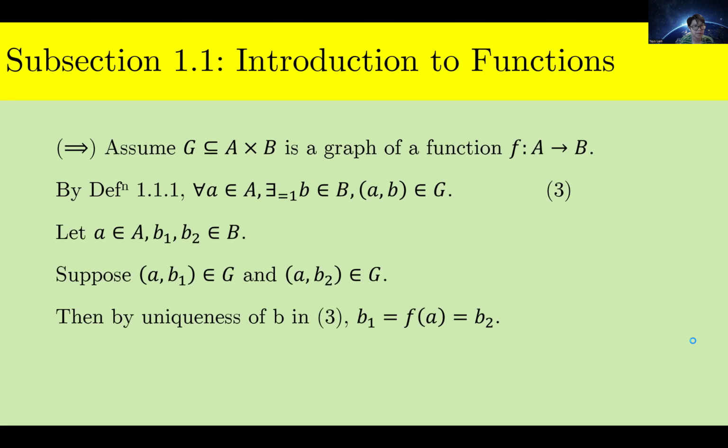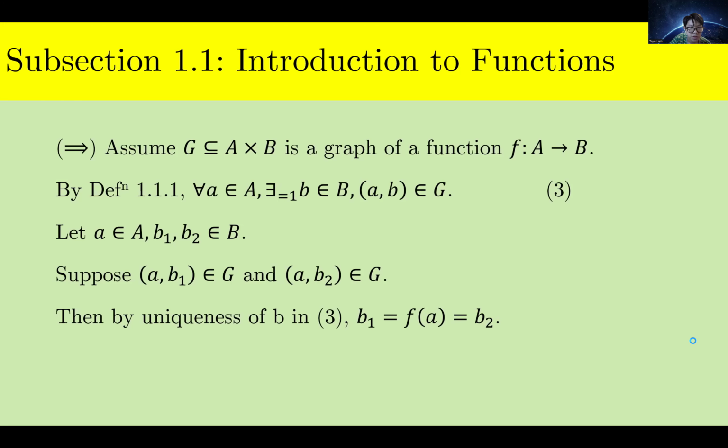Let a in A and b1, b2 in B, and suppose (a, b1) is in G and (a, b2) is in G. We can make this assumption because you can just form a pair, it's just a construction. So by the uniqueness of b in (3), b1 is equal to f(a), which is equal to b2.